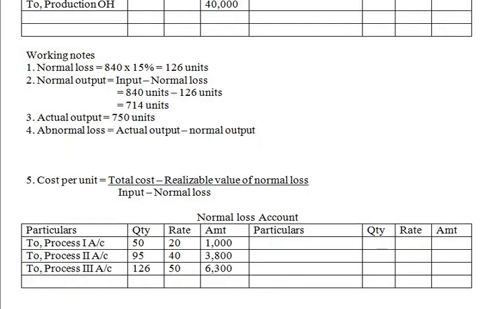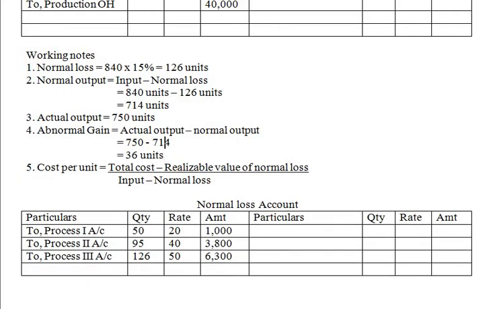Now the formula is actual output minus normal output. So actual output is 750 units minus normal output is 714 units. So here there will be abnormal gain of 36 units.